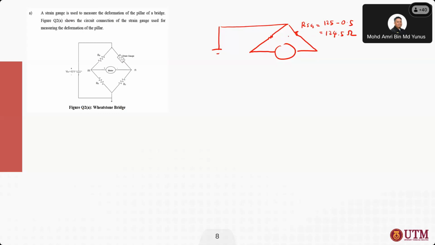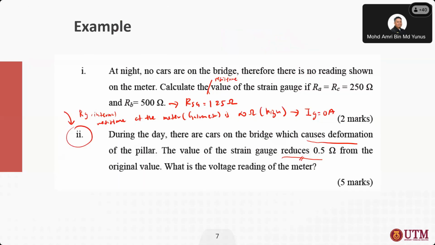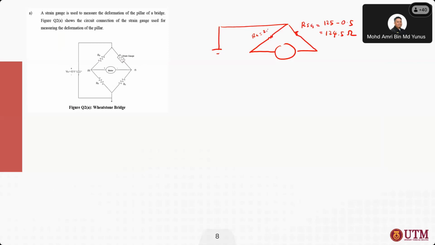That's the new value of RSG. The others remain: RA remains at 250, RB remains at 500 ohm, and RC remains at 250 ohm. And then V here is 6 volt.